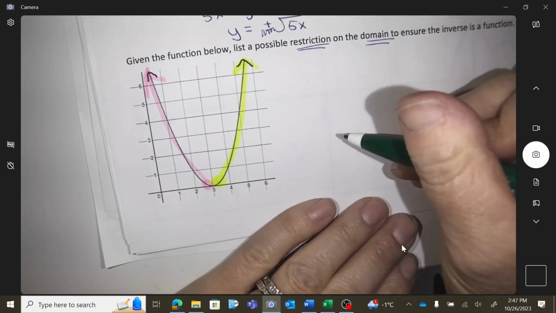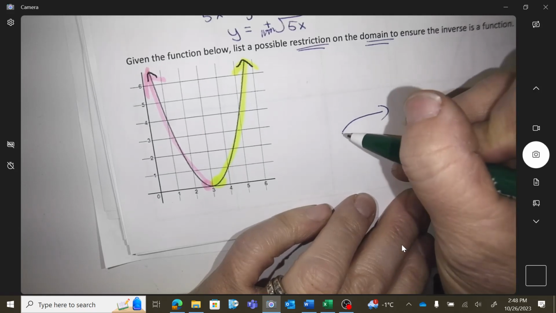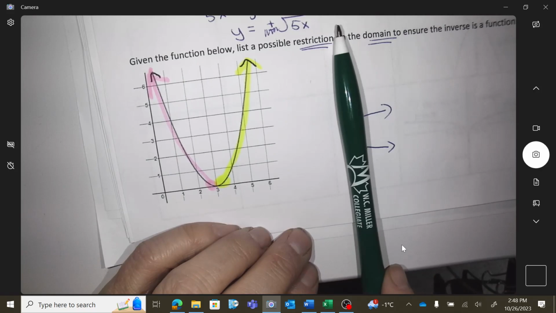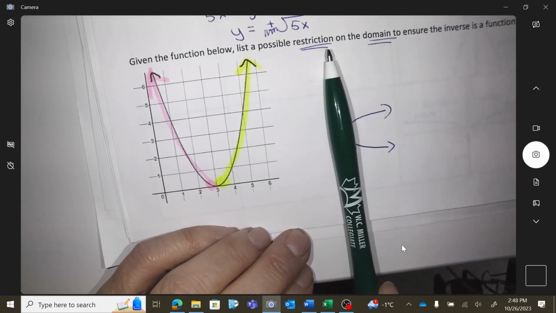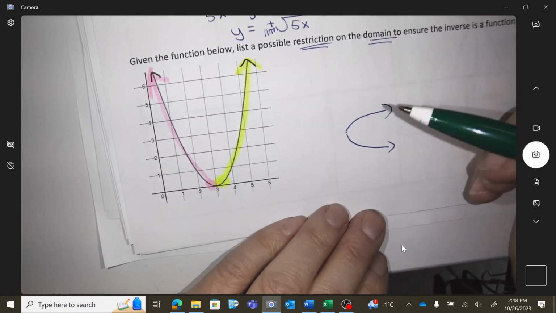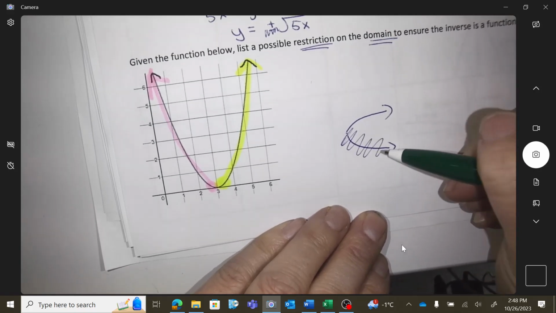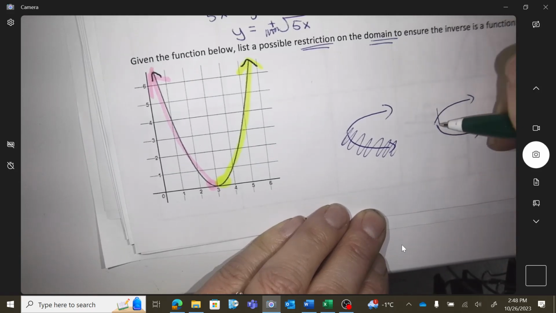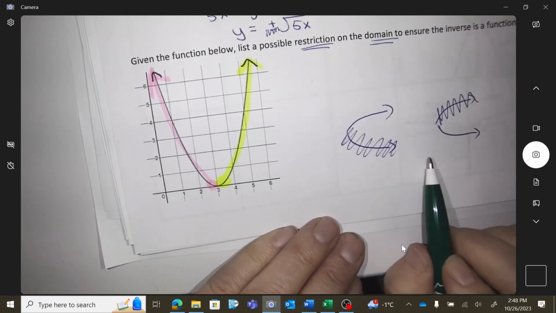Again, if you inversed it, it would look like this, which is not a function. So you could either take that part of it, or you could take that part of it.